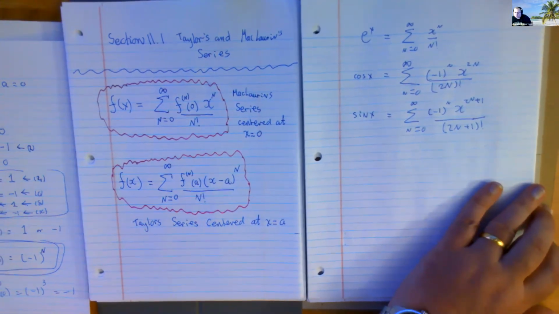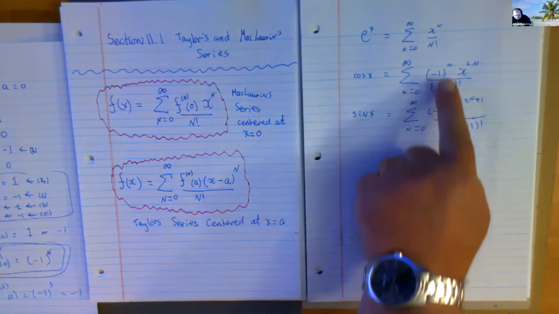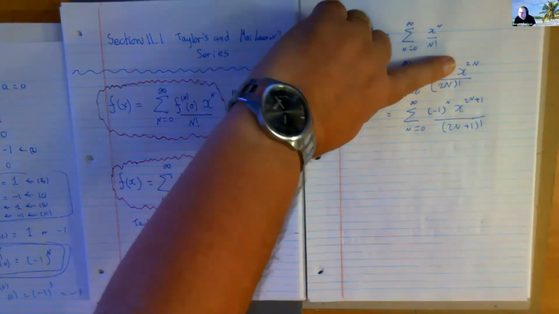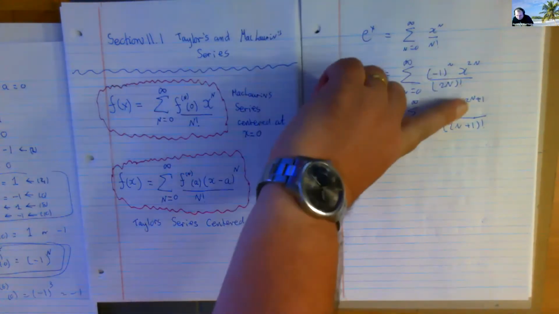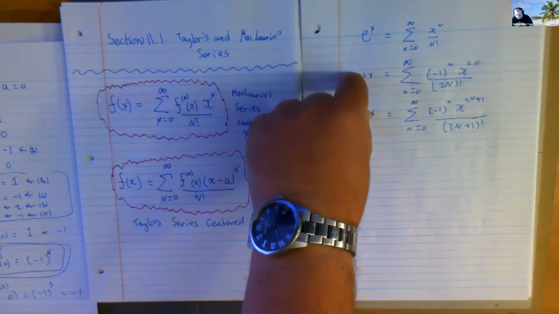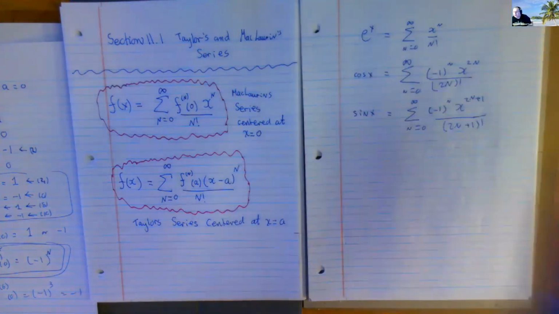But do you see what the cosine does is it uses all the even powers and alternates them. And doesn't the sine x use all the odd powers and alternate them? If you took the absolute value of this guy, wouldn't you destroy that negative 1 part? And if you took the absolute value of these two guys together and put them together as a single thing, don't you end up with e to the x?